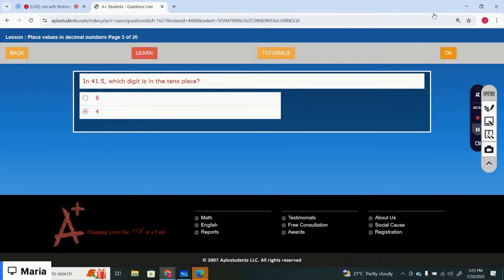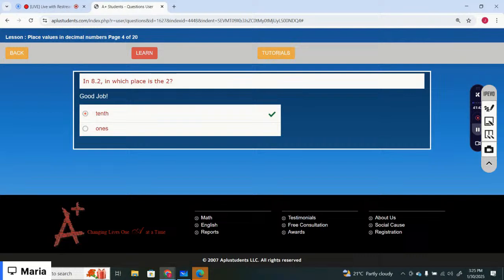Option number 2 is the correct option. In 8.2, in which place is the 2, which is the correct option? 2 is at the tenth place. Option number 1 is the correct option.